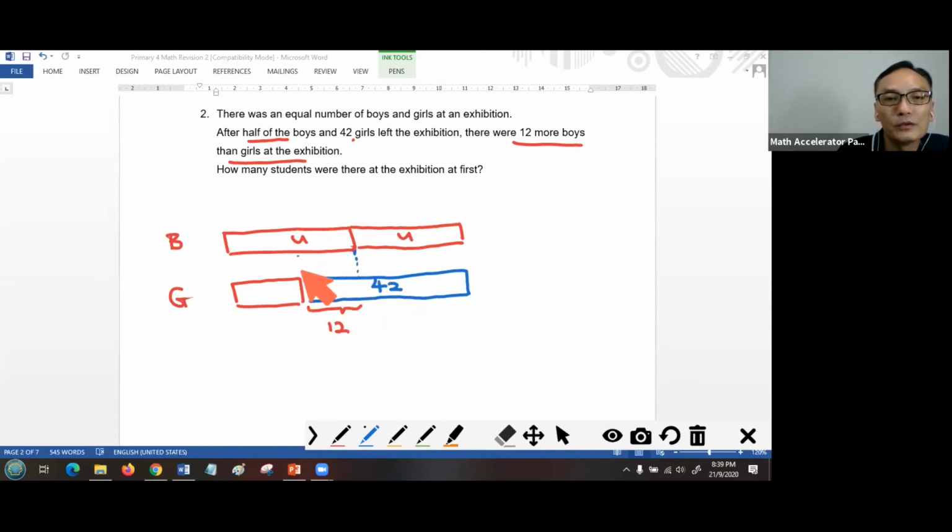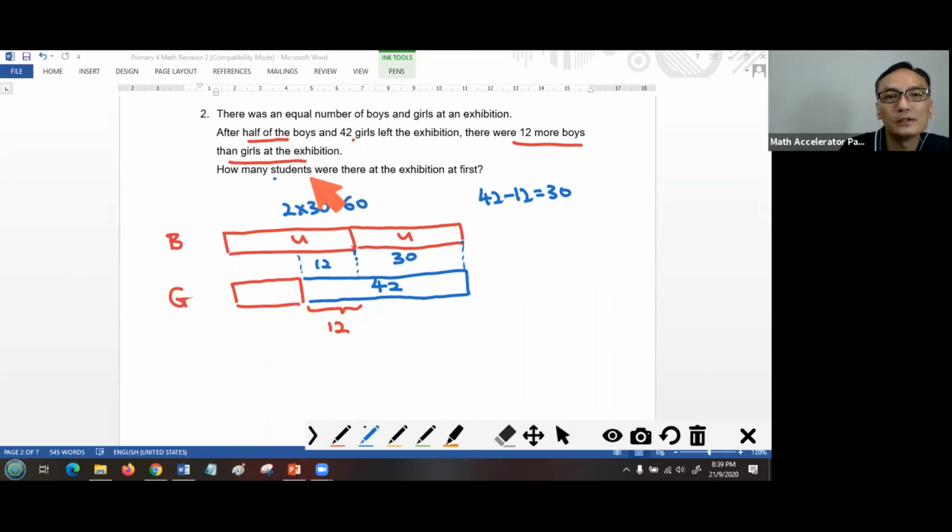This portion is 12. So therefore, to find 1 unit, it must be 42 minus 12, and we'll get 30. So 1 unit is 30. So the entire 2 units must be 2 times 30, which gives us 60.